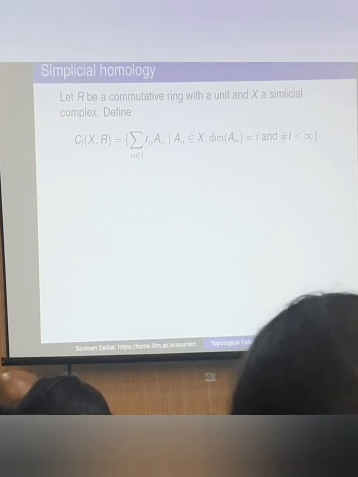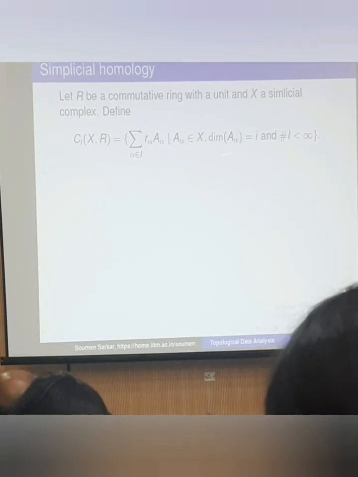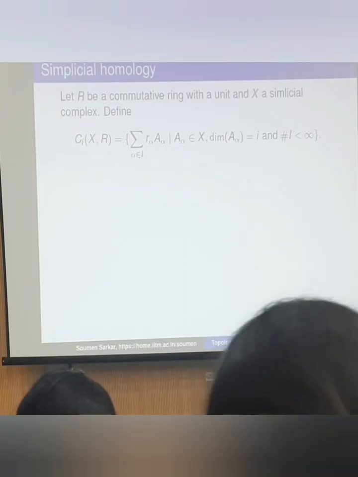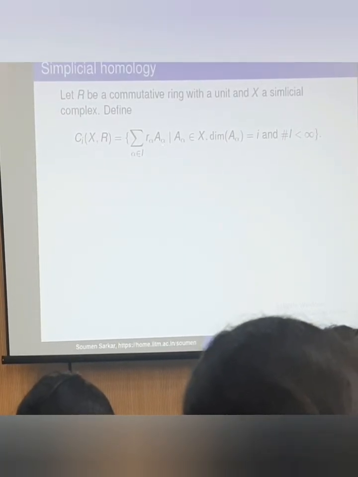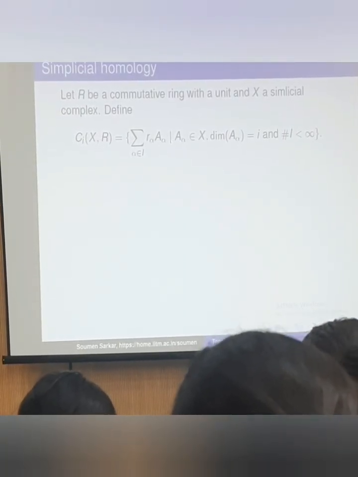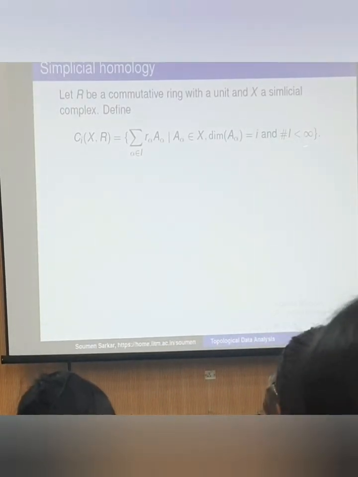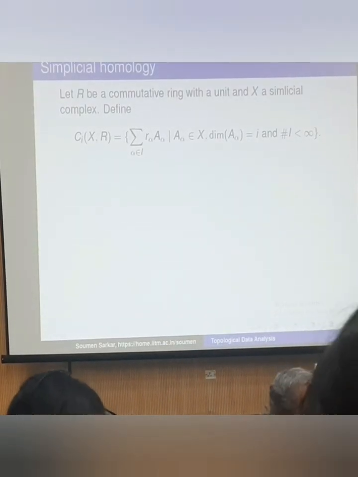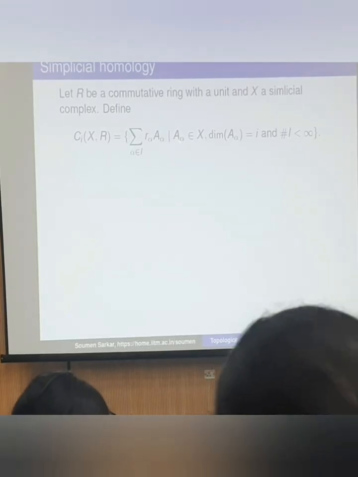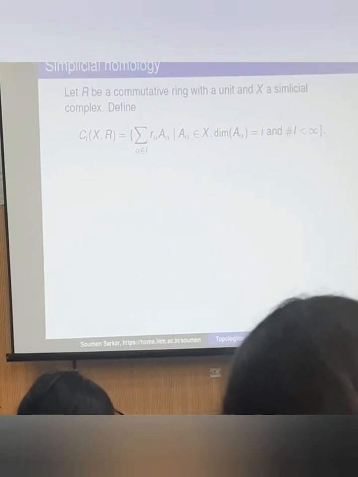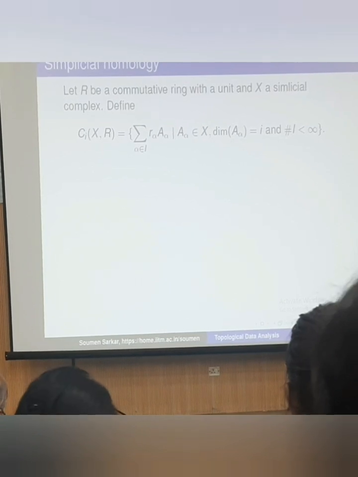Okay, so we take these i-dimensional simplices, and we consider them as variables, say a_i, and we take the formal sum. What do we mean by the formal sum? It runs over all the indices, where the index set is finite. If it was finitely many, x1, x2, ..., xn, we could take the summation of x_i.